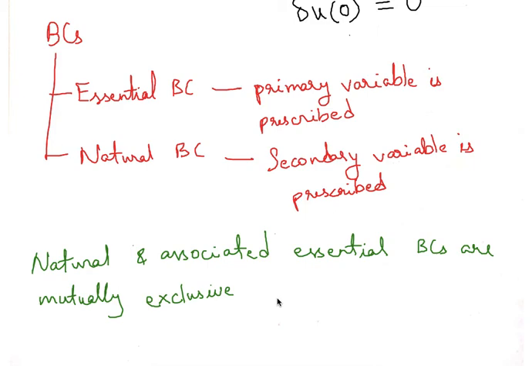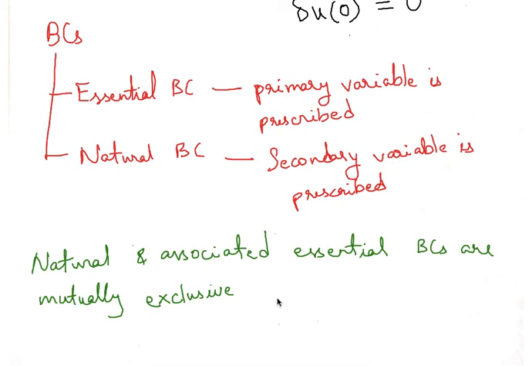So either you impose temperature or you impose normal heat flux at any point on the boundary. You cannot impose both. In thermal analysis, this is a very important point: on the boundary in finite element analysis, you either impose the essential boundary condition, which is imposing the primary variable, or you impose the natural boundary condition, which is imposing the associated secondary variable.